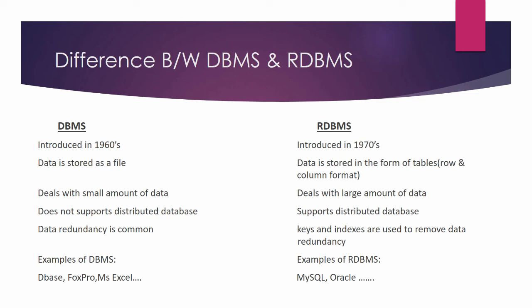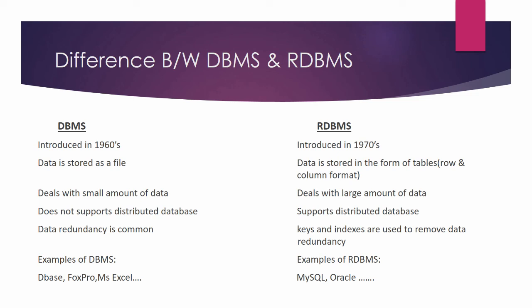Tables are in row and column format, meaning data is stored in the form of rows and columns. DBMS can store a small quantity of data, whereas RDBMS can store a large amount of data. DBMS does not support distributed database, whereas RDBMS supports distributed database.